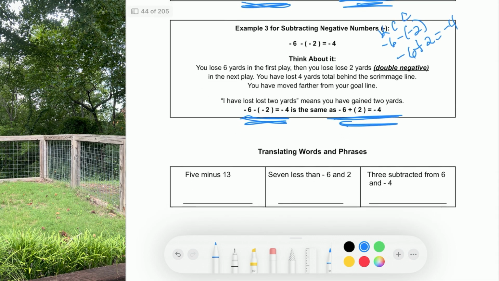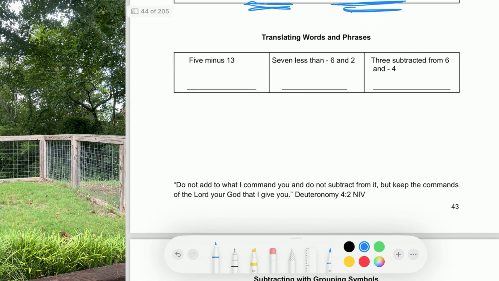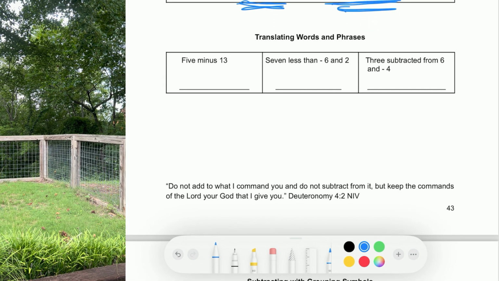Now let's look at translating words and phrases. Now that we have our addition facts for positive and negatives and our subtraction facts for positive and negatives, or our rules, I should say. So our first one says 5 minus 13. That's what I'm going to write, 5 minus 13.